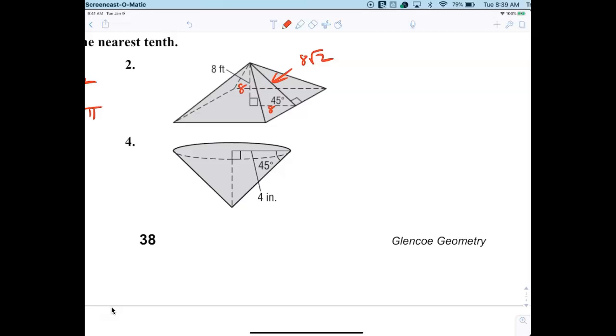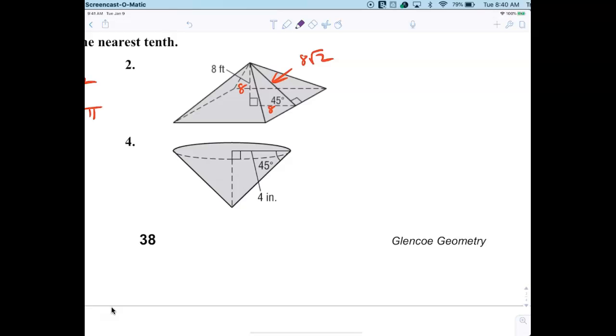All right. Now the hard part. What is the side of the base? What's the side of the base? And for some reason this is hard too. I don't know why. What's the side of the base? Guys, I'm asking you what this is right here.